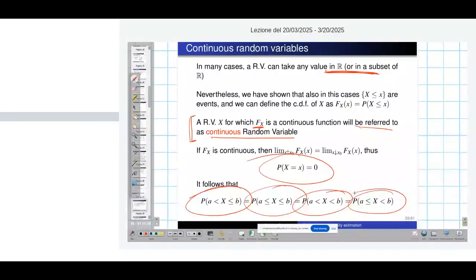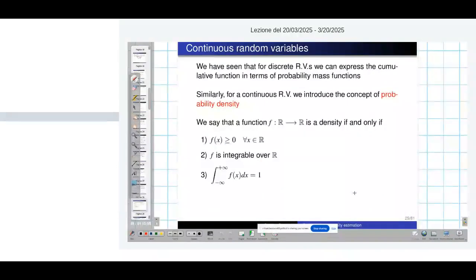That's because the intervals are dense, so the probability of a single point in a dense interval like the real line is 0 for any point, but that doesn't mean that the probability of the whole interval is 0. In this case, of course, it doesn't make any sense to talk about probability mass, because the probability of any single point is 0, but we have something that behaves similarly: the probability density.